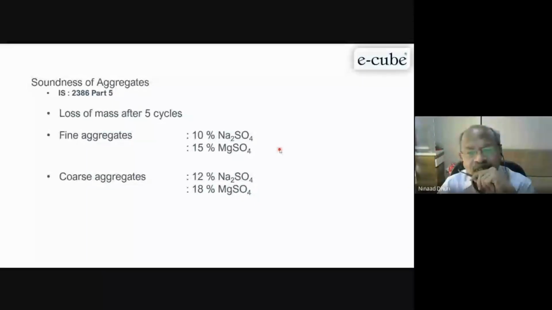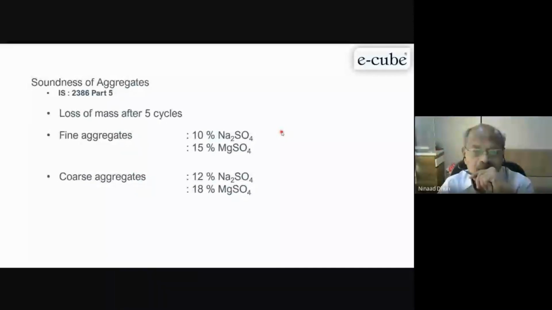Very highly porous aggregate will give more loss, dense aggregate will give lower loss. Once you put that saturated aggregate into the oven, the stress is released because it is melting again. So you are giving stress and also releasing the stress. That is one cycle.